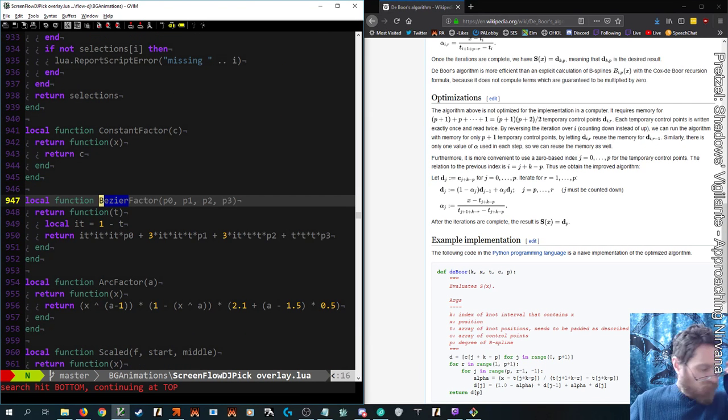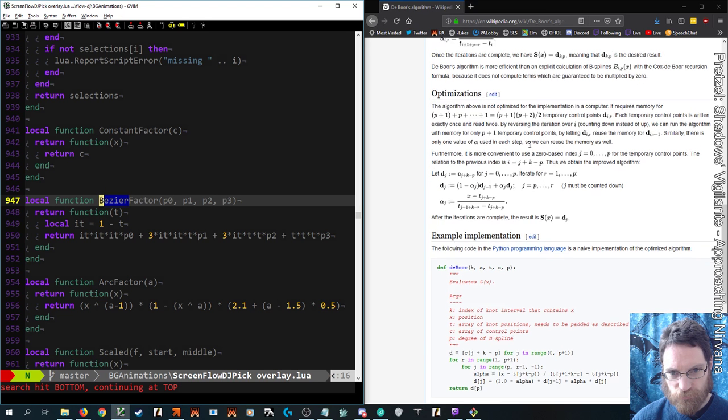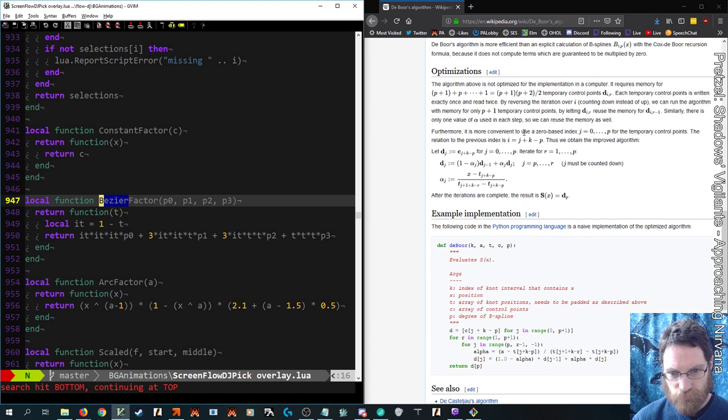So that gives us our 0 to 1 number, and this is effectively influence. I'm not sure that method will work well with this.